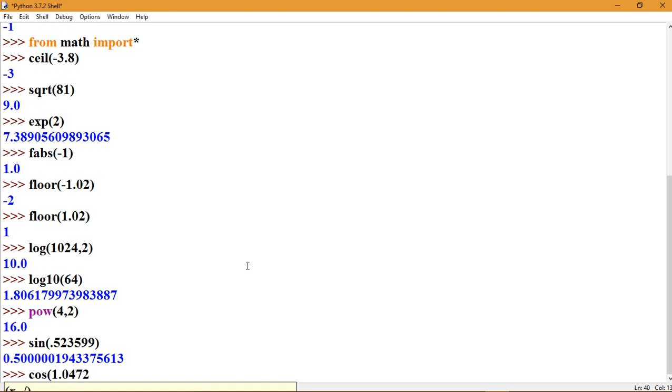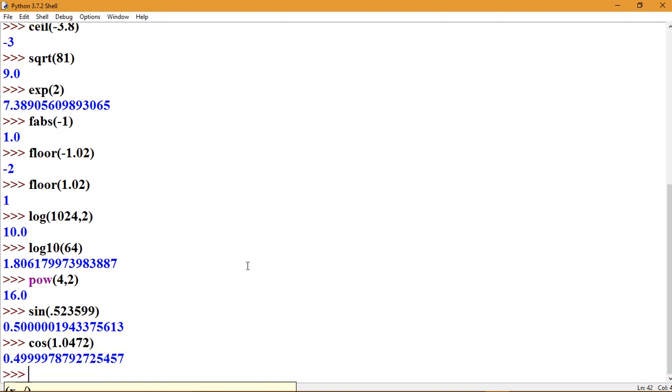But I'm getting 0.5 again. Why? Because it is cos 60. Cos 60 is again 1 by 2, which is 0.5, so it is nearly equivalent.